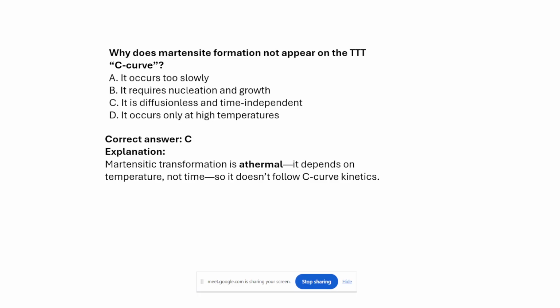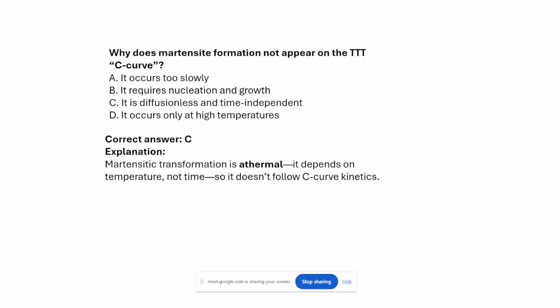Why does martensitic formation not appear on the TTT C curve? Option A, it occurs too slowly. No, it occurs very fast. It requires nucleation and growth. No, because it is not even touching that C curve. It is a diffusionless and time independent transformation.